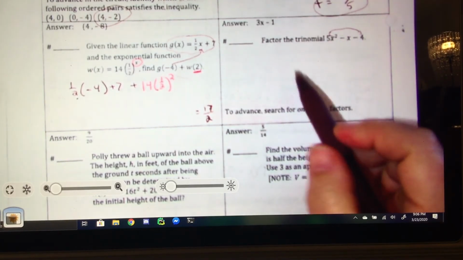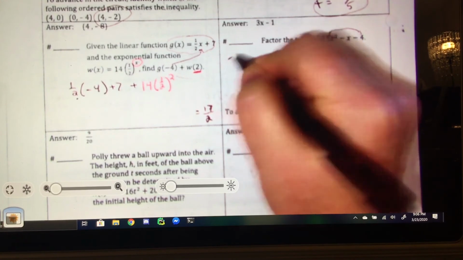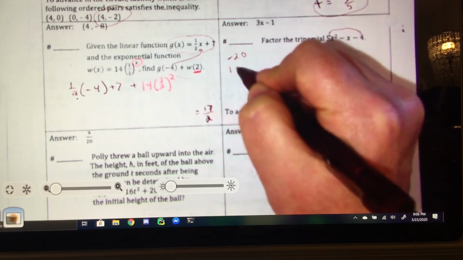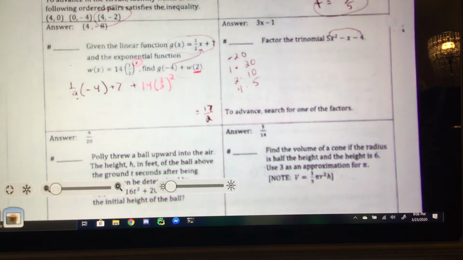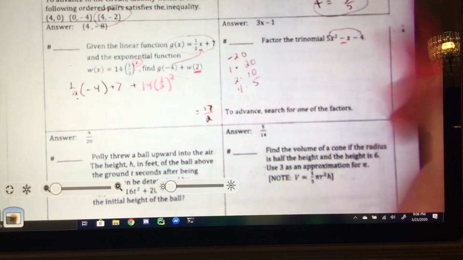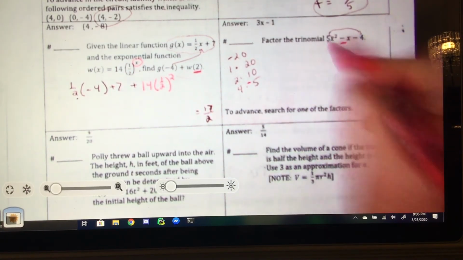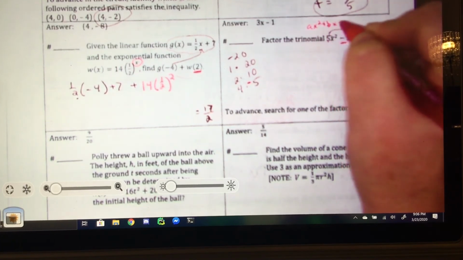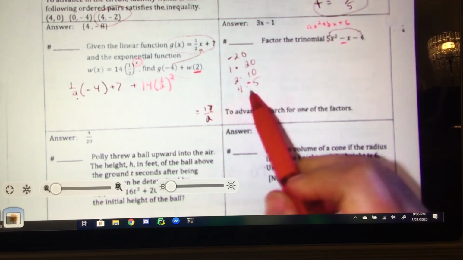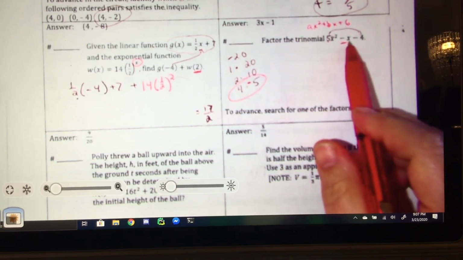Okay, so factor this one. So 5 times negative 4 is negative 20. And factors of 20 are 1 times 20, 2 times 10, 4 times 5. I need to have a negative x here, so the 5 would have to be negative. So I'm going to go ahead and take my a, which is 5, because we have ax squared plus bx plus c. I found my factors of c, negative 5 and 4, which when added together give me my b.